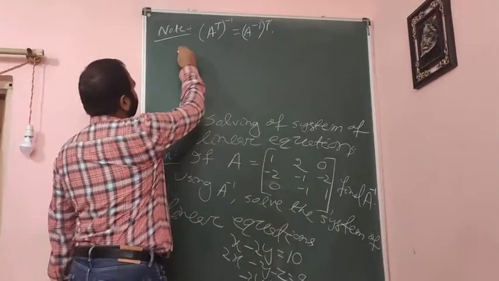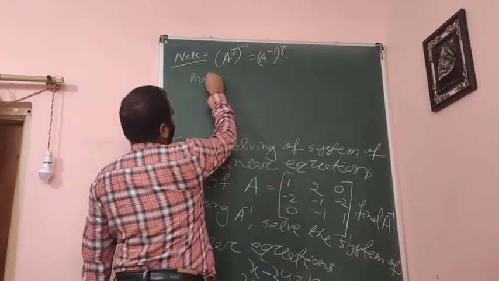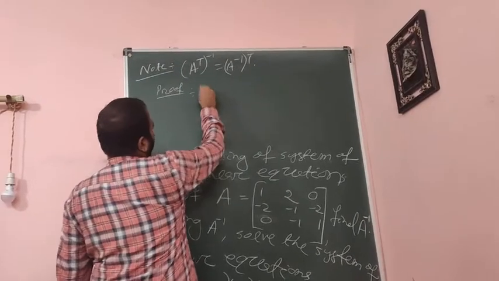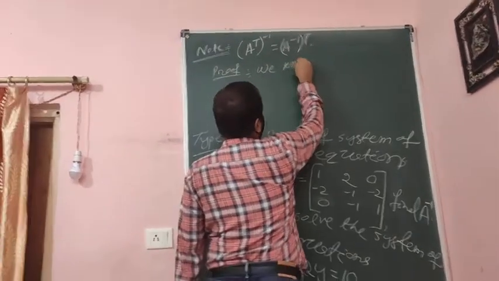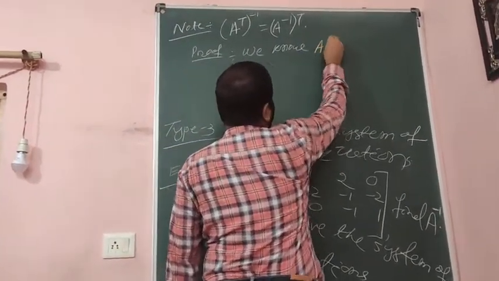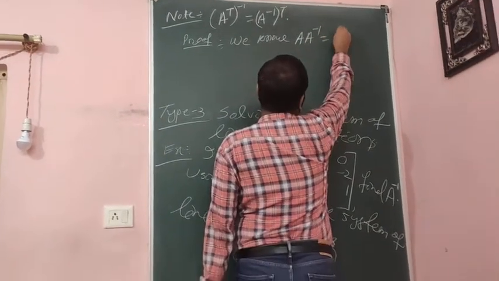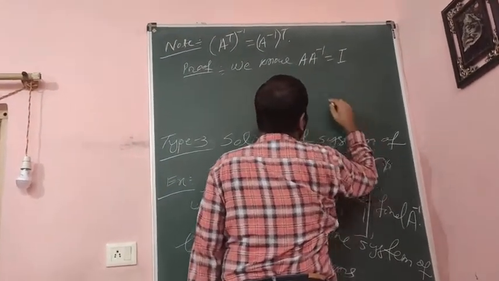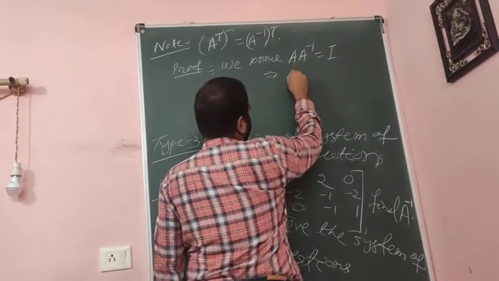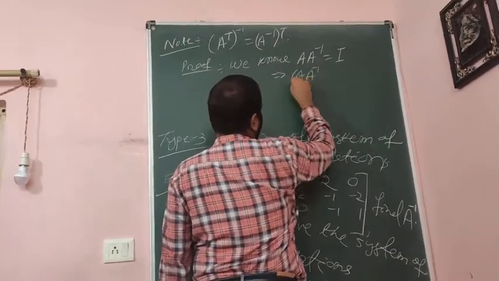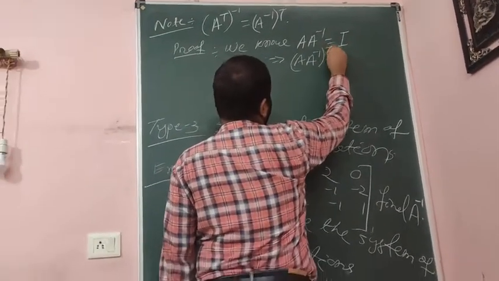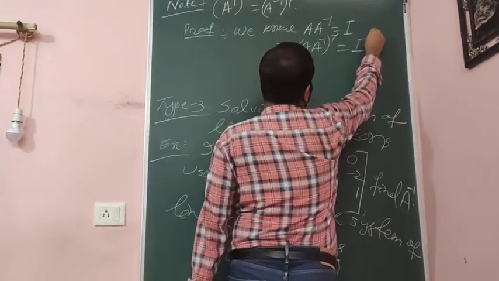How can I prove this? So first to prove this, we know A into A inverse is equal to I, the identity matrix. Taking transpose on both sides, A into A inverse whole transpose is equal to I transpose.